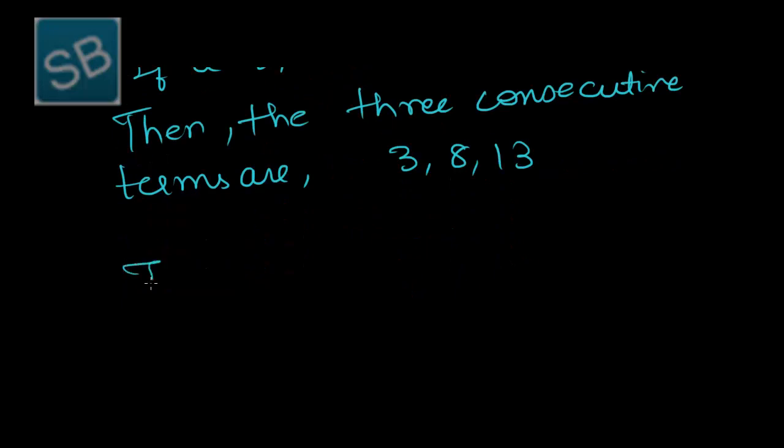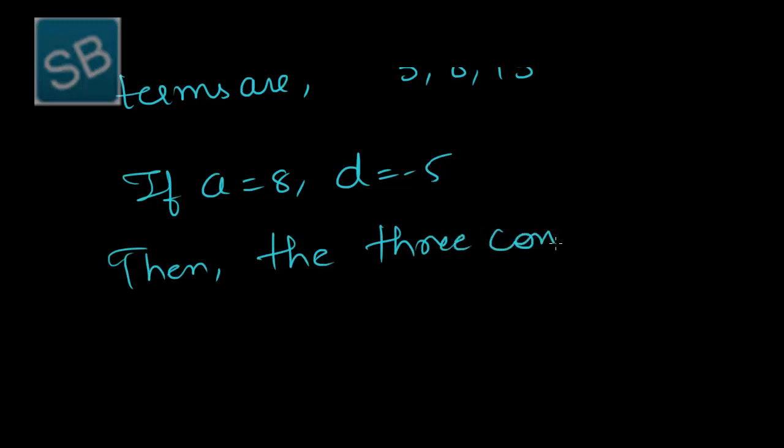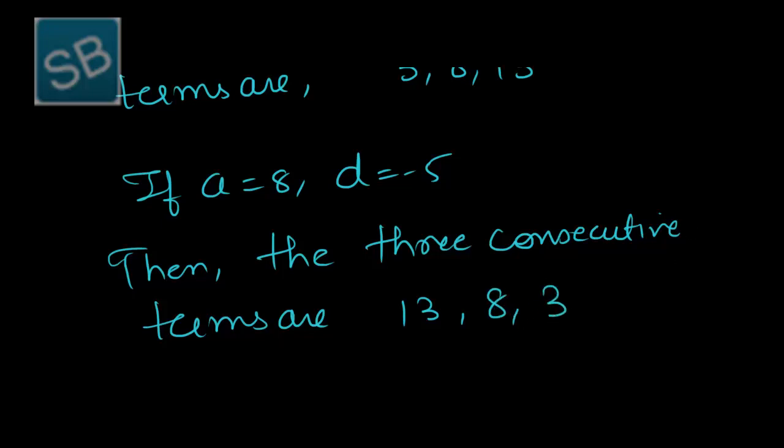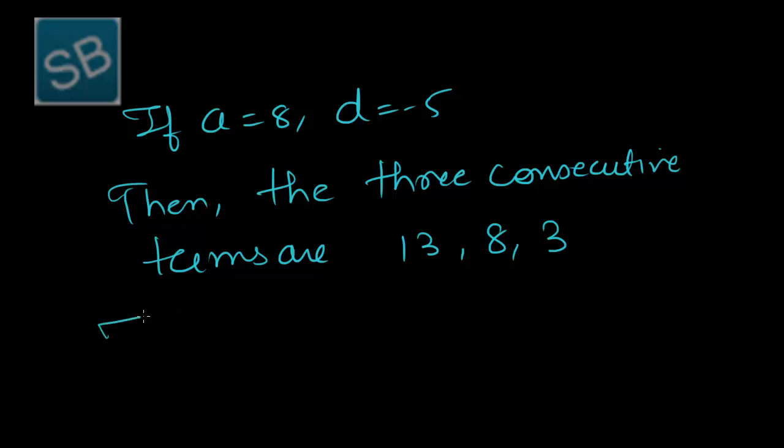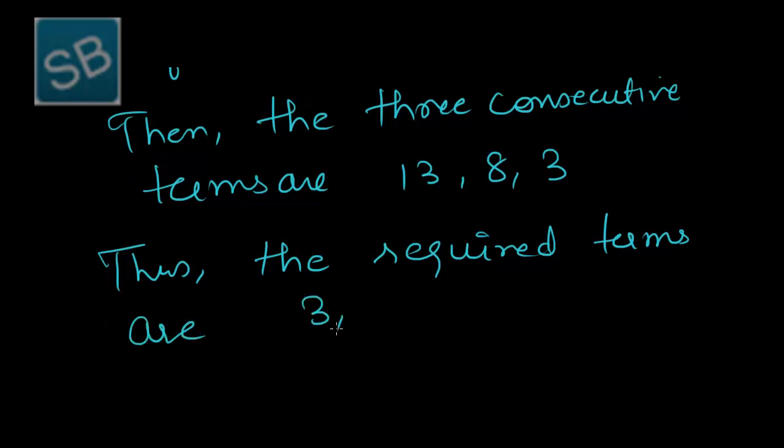And if A is equal to 8 and D is equal to minus 5, then the three consecutive terms are 13, 8, 3. So we see that we get the same terms. Therefore, the required terms are 3, 8 and 13 of the AP series.